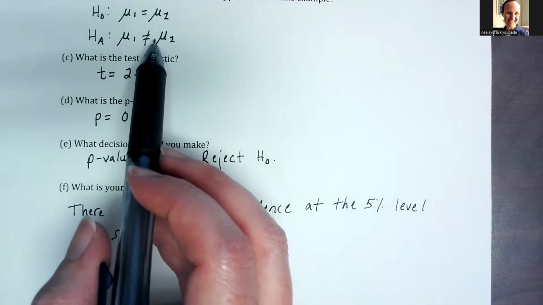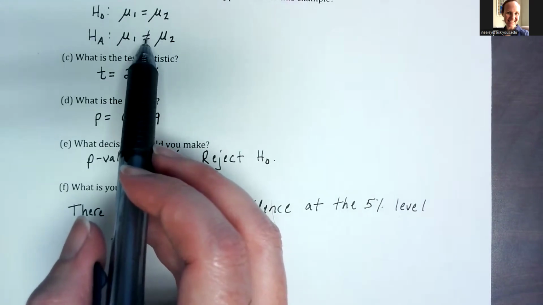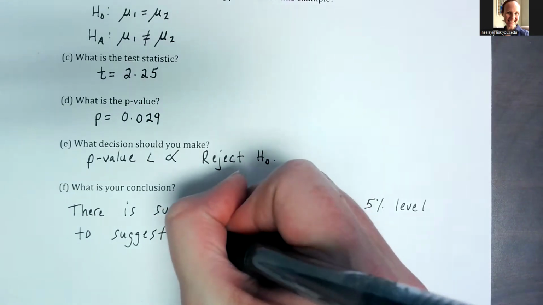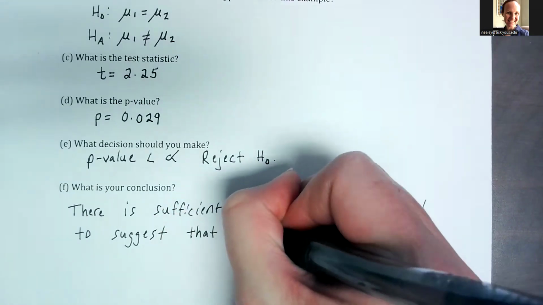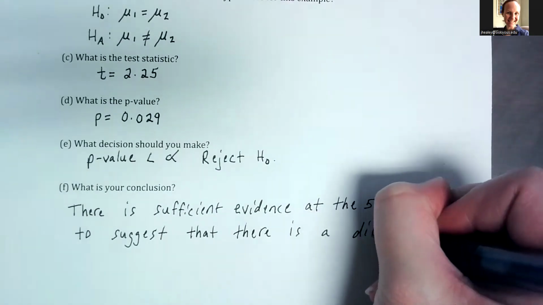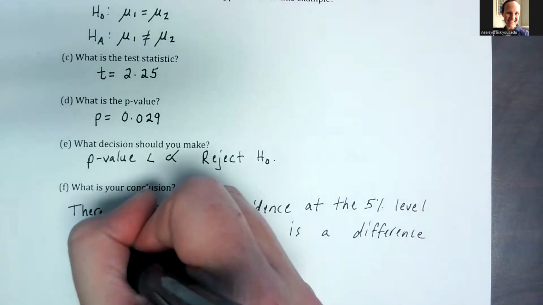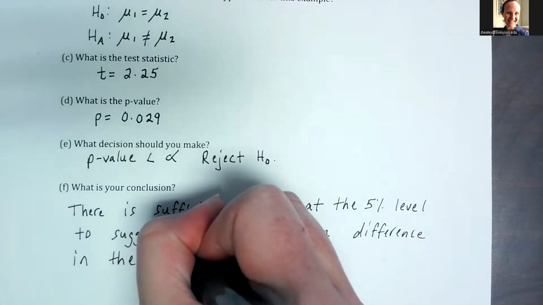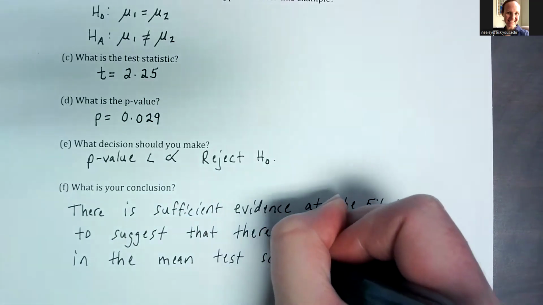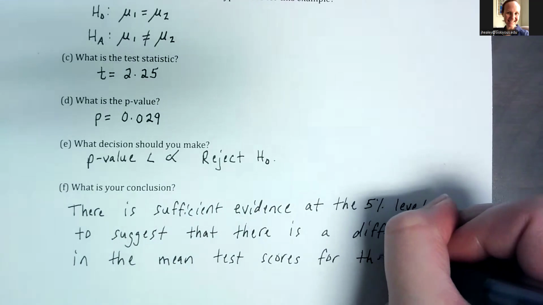The means that we're talking about were test scores for the groups of students. So we're going to say, suggest that there is a difference in the mean test scores for the two groups.